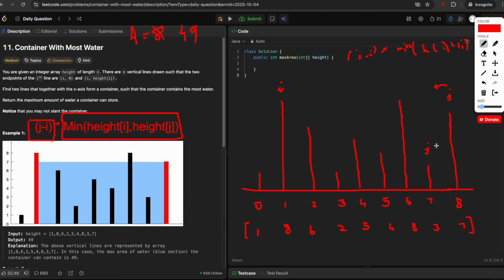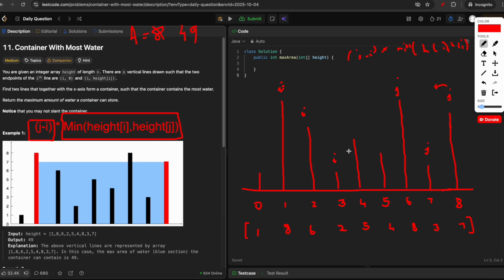So out of these both, j is smallest, so j will move here. Then again, here we see that i and j both are the same. So after calculating the area, we can move whichever we want. So let's move i. So i will be moved here, and we'll find the area again. Now i is the smallest, so i moves again.